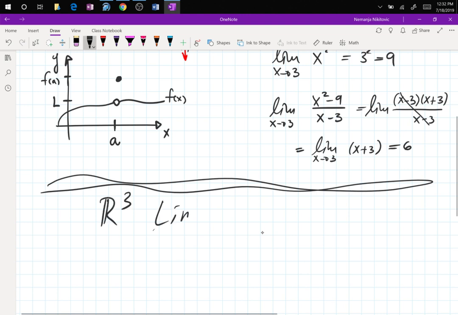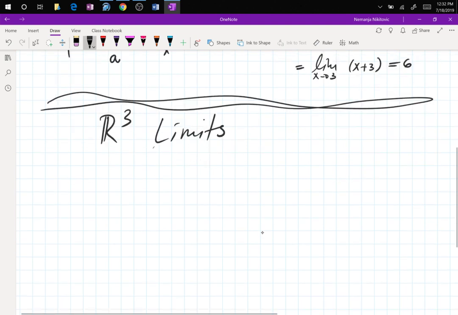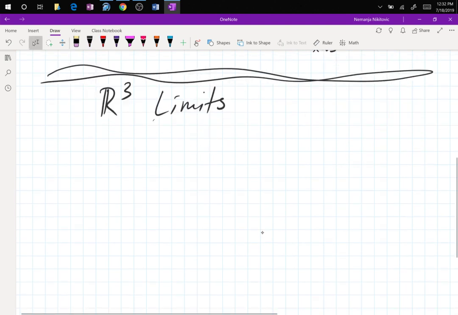R3 limits. So we are back in Calc 3. Your domain is two-dimensional, and you have some surface on top. In how many ways can you approach a point on a 2D domain? You see that? That's an issue now. In R2, the domain was just the x-axis.